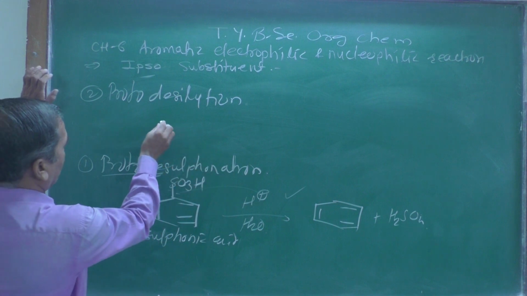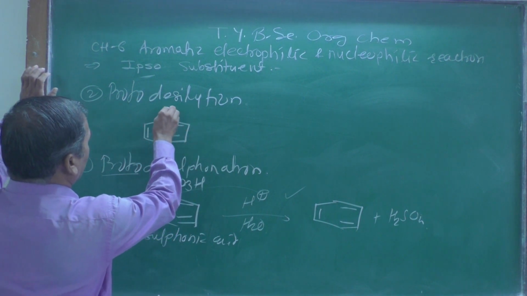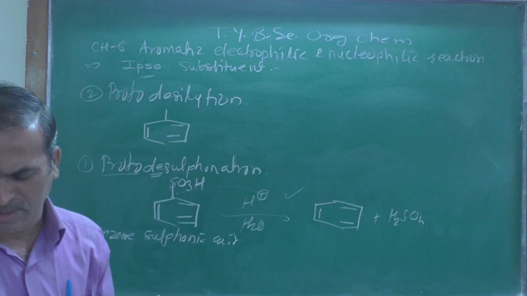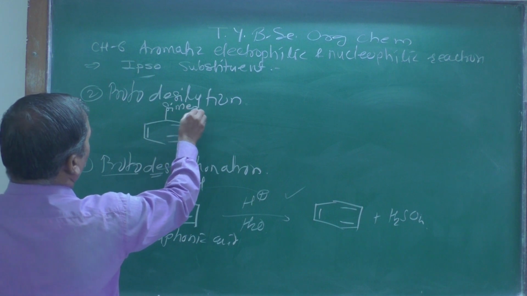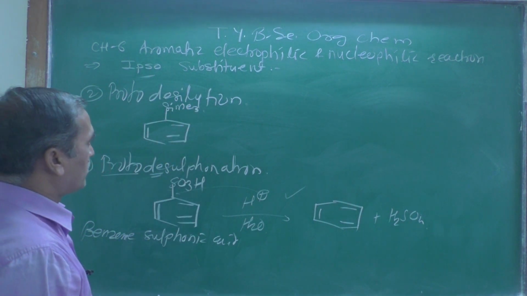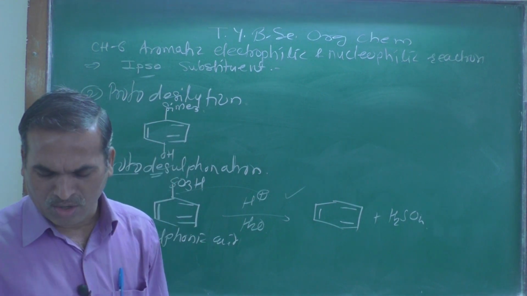Now let us look at the starting compound, this one. I am writing over here a compound with SiMe3, that is a silyl compound, and here at the ortho position is a hydroxy group.